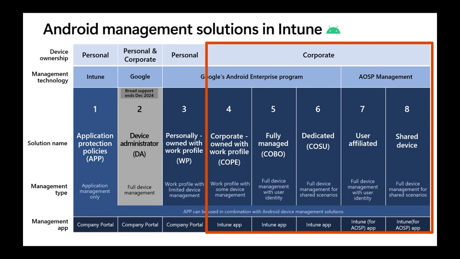Now, in terms of frontline worker devices, typically you're going to be using the enrollment modes that I have in the red box here. So they're going to be corporate devices that are managed with or without user affiliation.